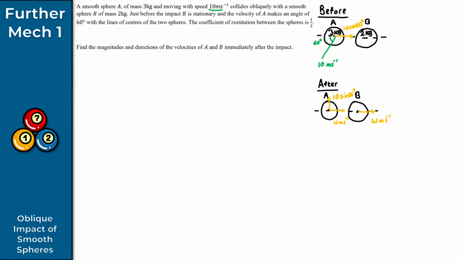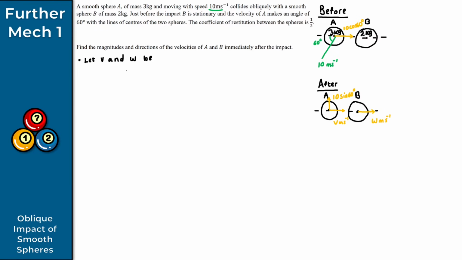Don't be lazy. Okay. So as I already mentioned, what I'm going to do here is just let V and W be, so V and W here, sorry, will be the components of the velocities of A and B after the collision, and they act parallel to the line of centers, right?